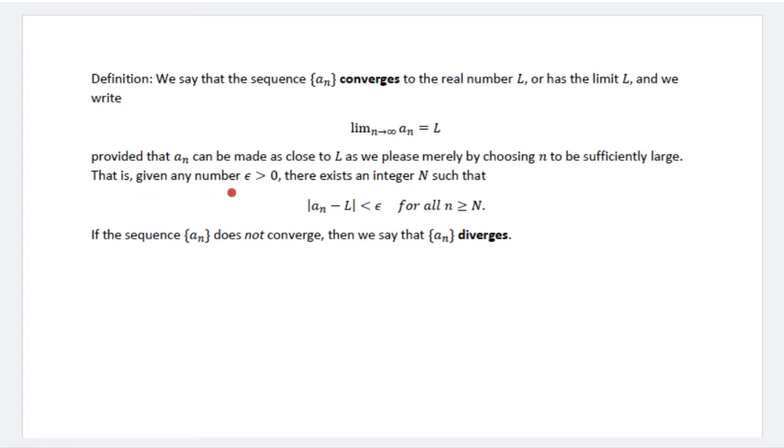That is, given any number epsilon greater than 0, there exists an integer N such that the absolute value of the difference of an and L is less than epsilon for all n greater than or equal to N. So L is the number that the sequence is going to as we keep on increasing the value of n. Now if your sequence is not converging, if it's not convergent, then the sequence is said to be divergent, or it diverges.